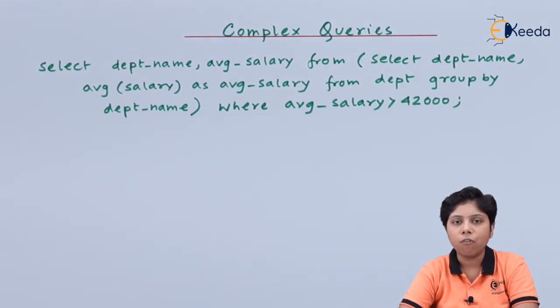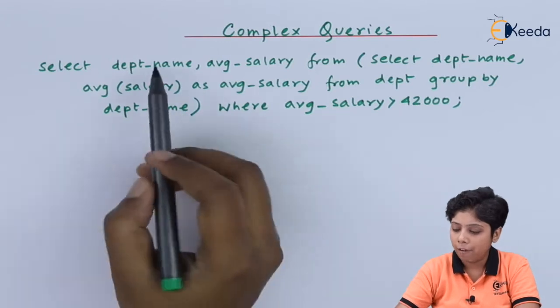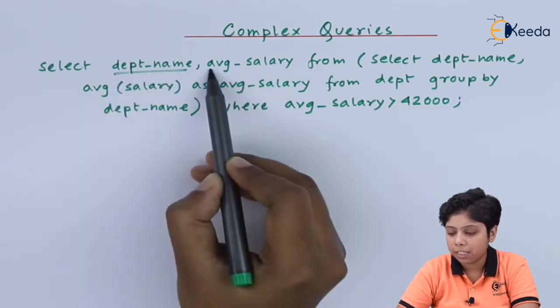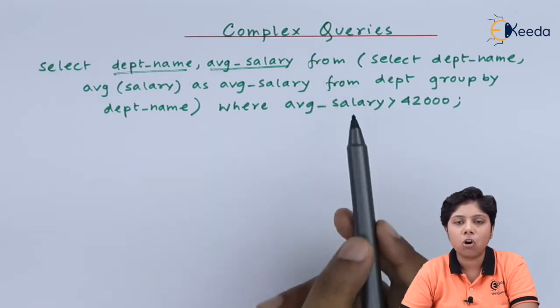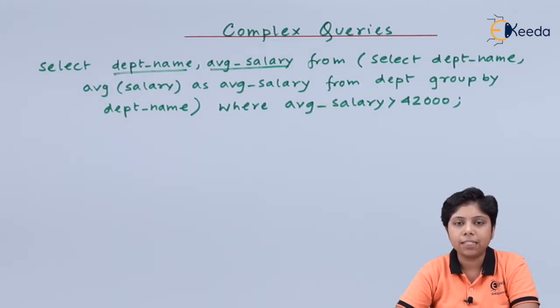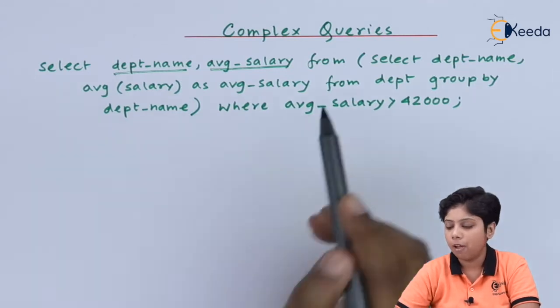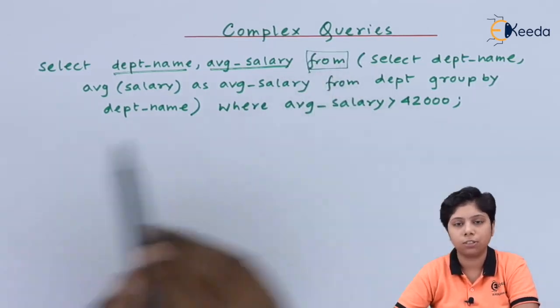For that, we are first selecting the average salary and department name from a relation which is based on the group by. The group by can be done in the outer query too, but it is done more precisely if we put the subquery selecting a relation in this from clause.